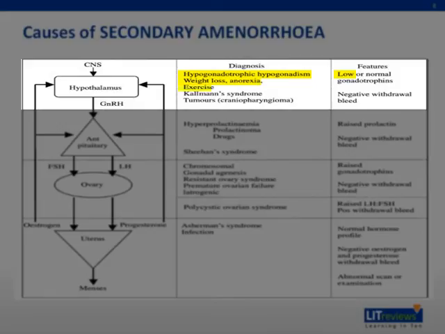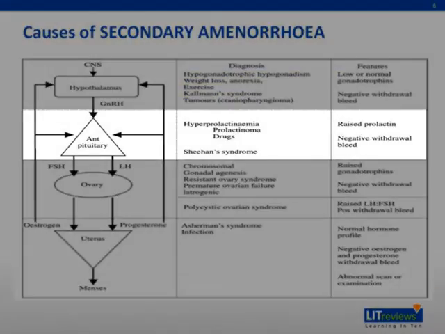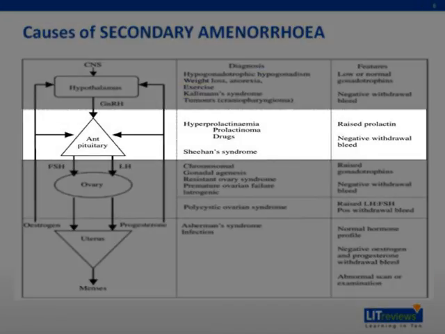Sometimes in athletes who exercise a lot, this could also be a very common condition. In a congenital condition known as Kallmann syndrome, there is reduced production of GnRH, and the patient will usually present with olfactory loss.